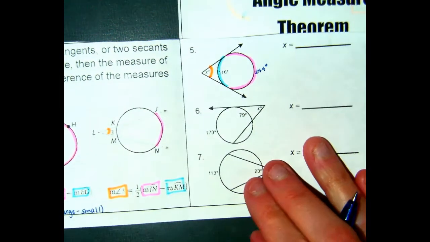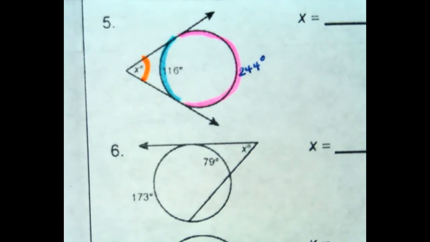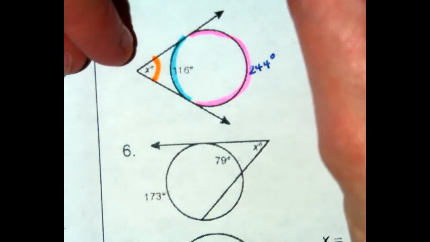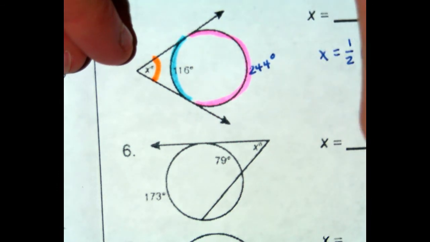Make sure I wrote that right, because you know how it is these days. Okay, so my formula says this x is equal to 1/2 large minus small.